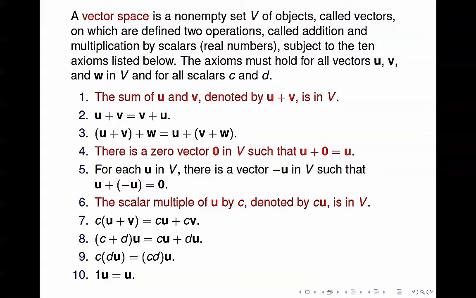A vector space is said to be a non-empty set V of objects called vectors. Okay, now let's stop there because that's a little bit odd. It's a set of objects called vectors. I want to make the point here that when the author uses the term vector in this context, he's not necessarily talking about a vector of the type we're familiar with, like in R2 or R3 or so forth.